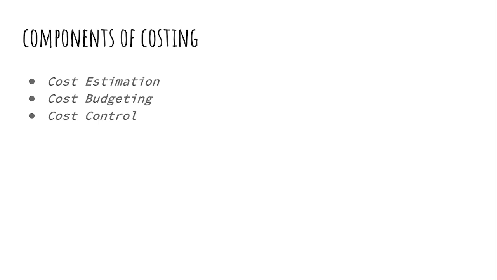The tools you may need in cost estimation are analogous estimating, parametric modeling, bottom-up estimating, and computerized tools. And as outputs of these inputs, you can come up with the cost estimates, supporting details, and the cost management plan.